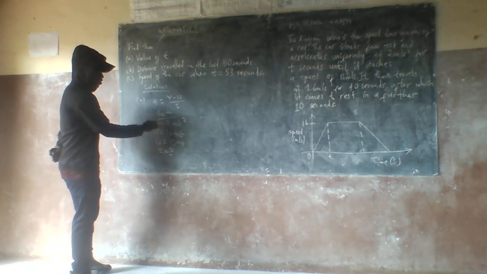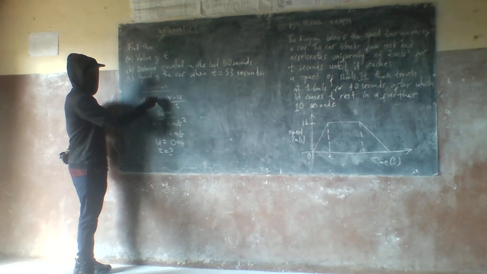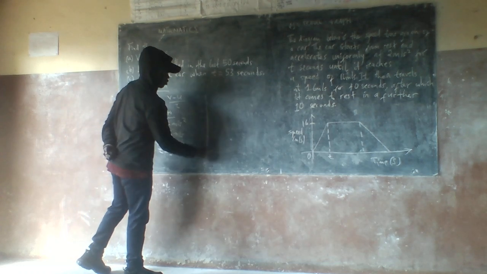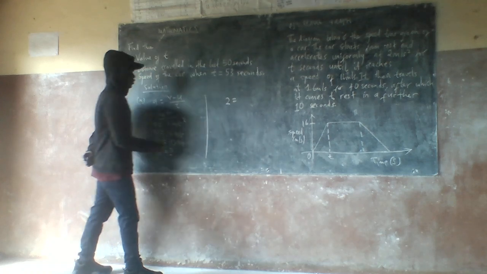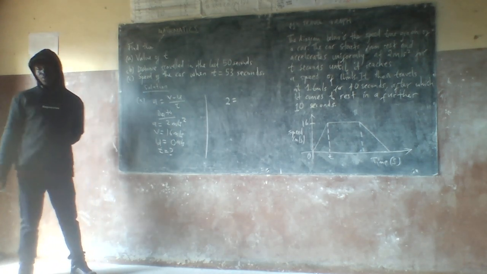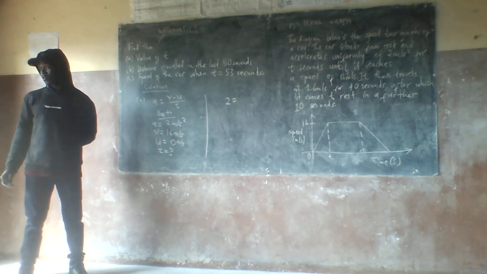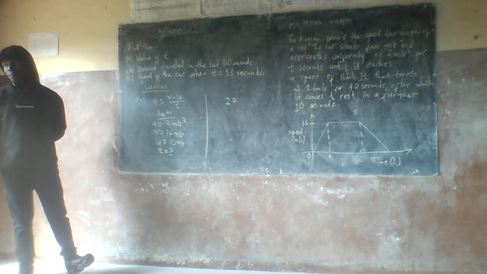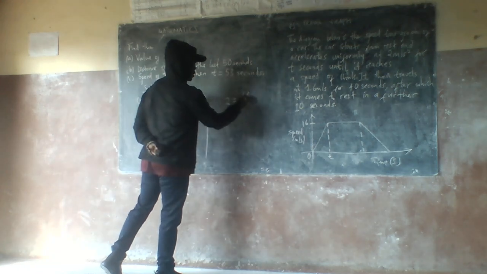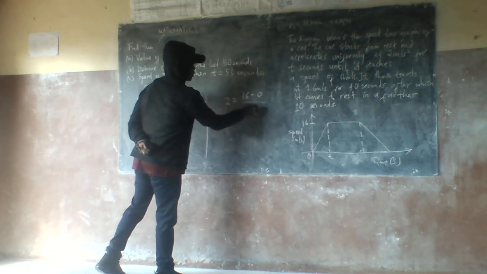So we shall use this data and replace in this formula. So for A we have got a 2. So 2 equals velocity final. What's our velocity final? 16. Very good. Initial 0 over t.